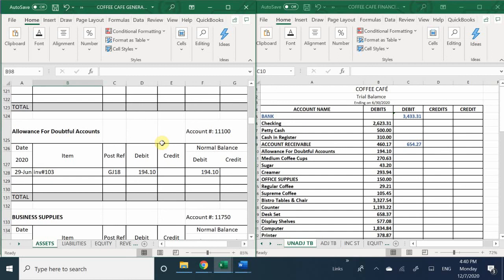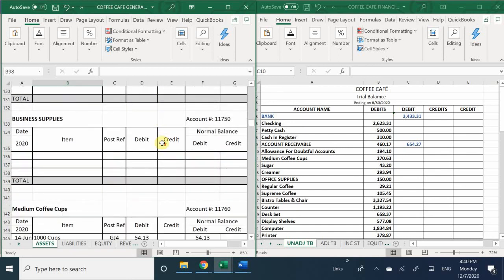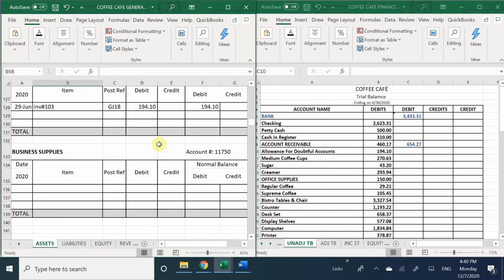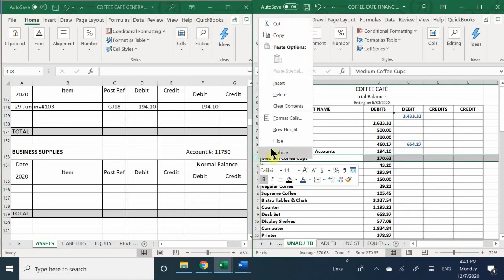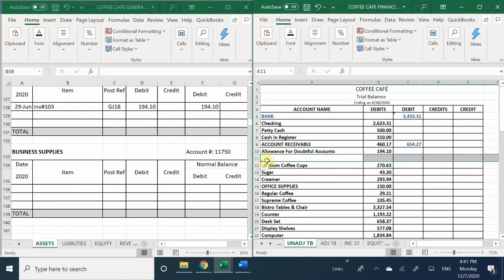Okay. So then the next one we have is business supplies. For business supplies, I'm going to have to insert one, and that's going to consist of your medium cups, sugar, and creamer. So I'm going to insert it in here.